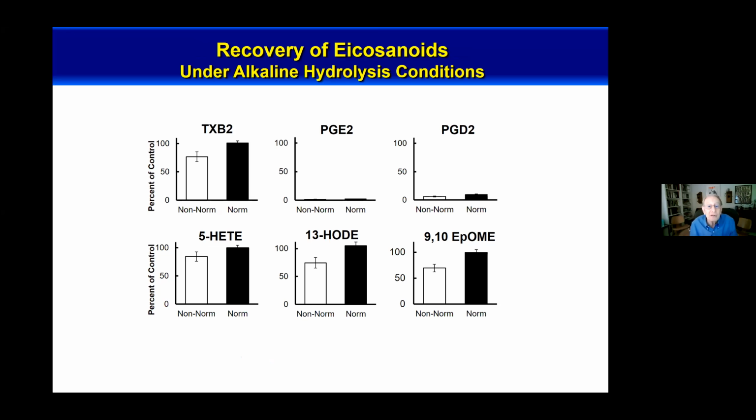When we do alkaline hydrolysis on complex lipids, and we look at alkaline hydrolysis conditions with standards of PGE2 and PGD2, we get no recovery. Why? Because they're destroyed in the presence of base. In contrast, thromboxane B2, 5-HETE, and others have some minor losses, maybe extraction, maybe base, but using normalization with the internal standards, we can calculate and quantitate 100%.